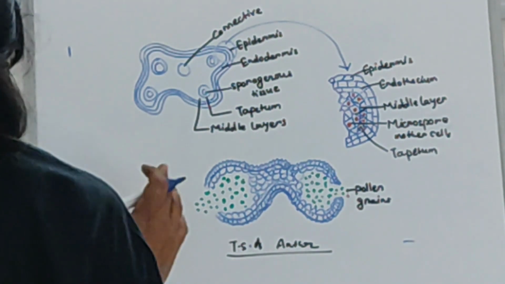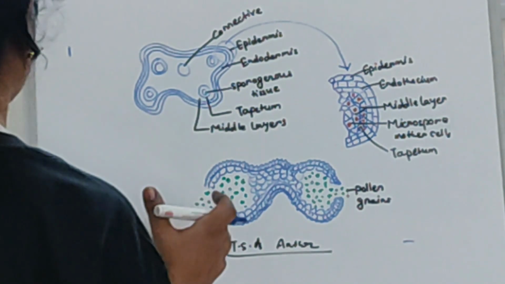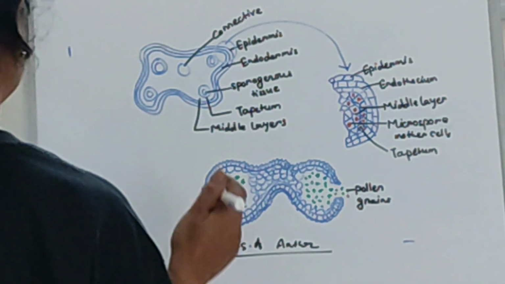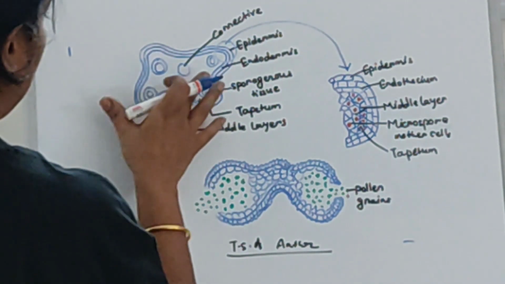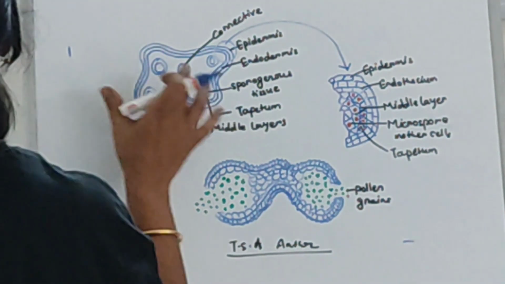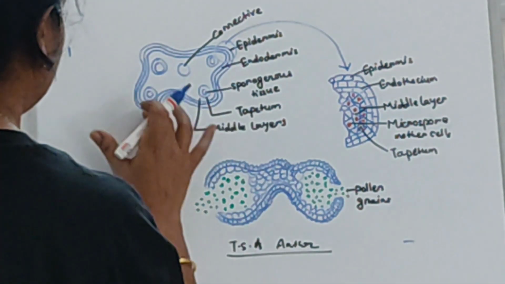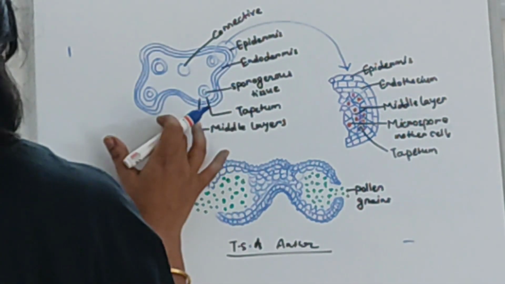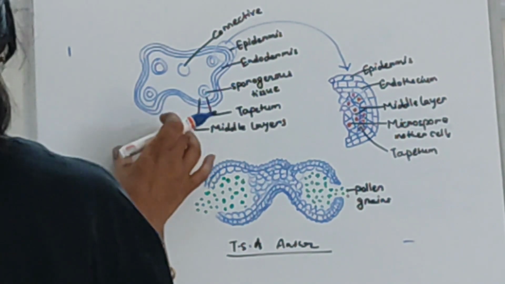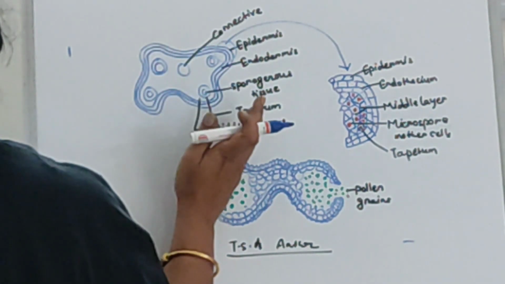The anther is a four-sided structure consisting of four microsporangia located at the corners. See here, the anther is a tetrad: 1, 2, 3, 4. There are four microsporangia located at the corners and two in each lobe. This is one lobe and this is the second lobe.